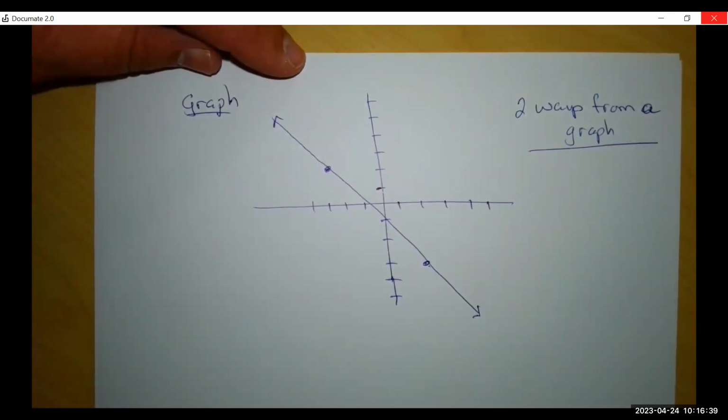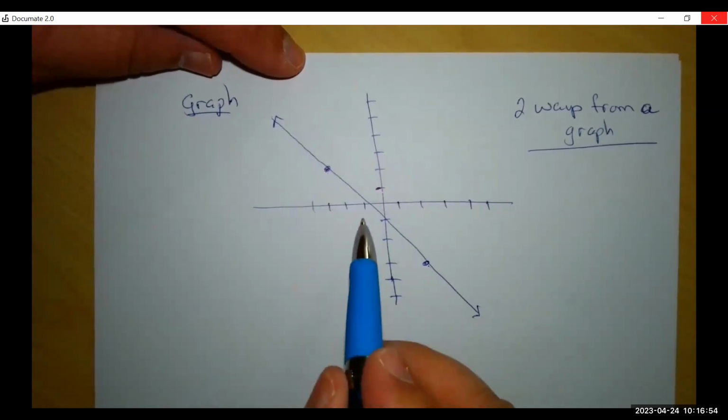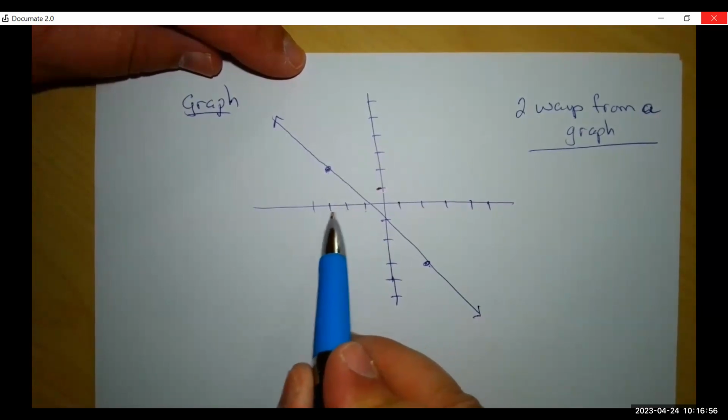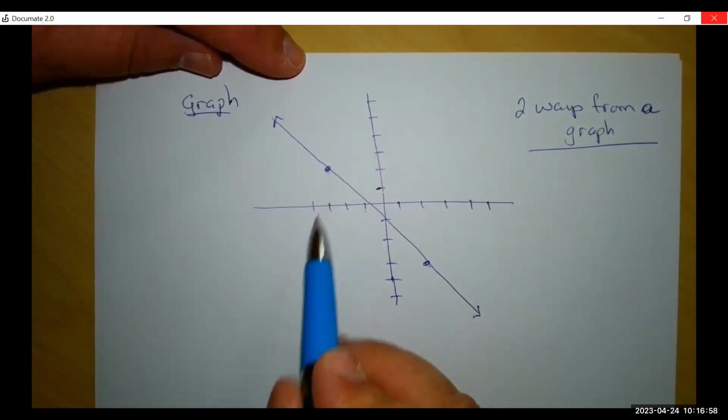How do you mean? This point? 1, 2, 3. So it's closer.